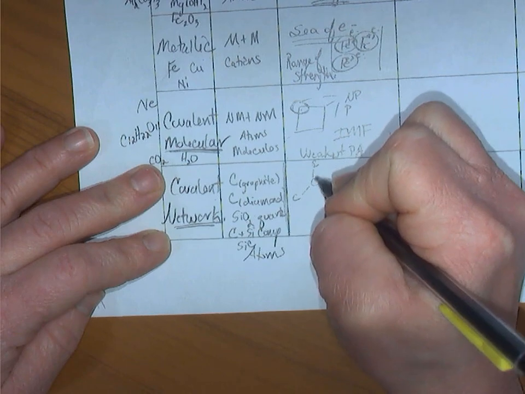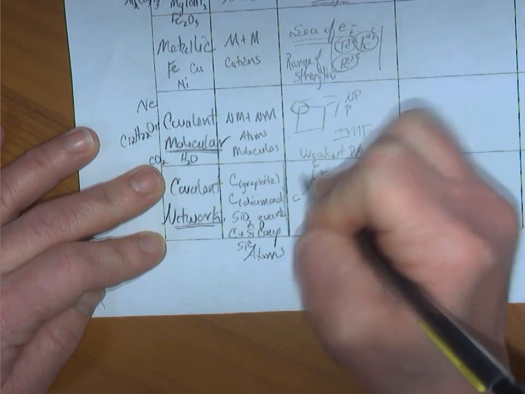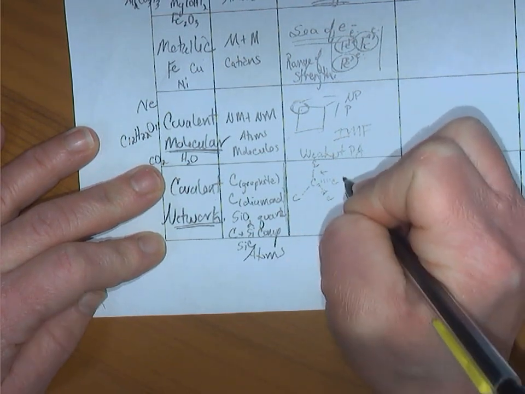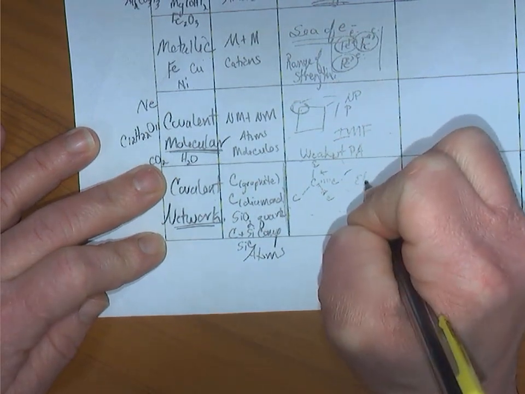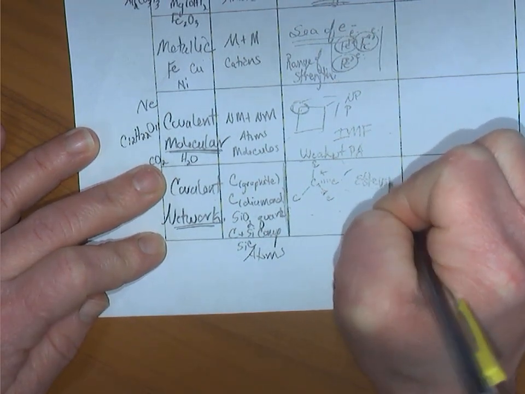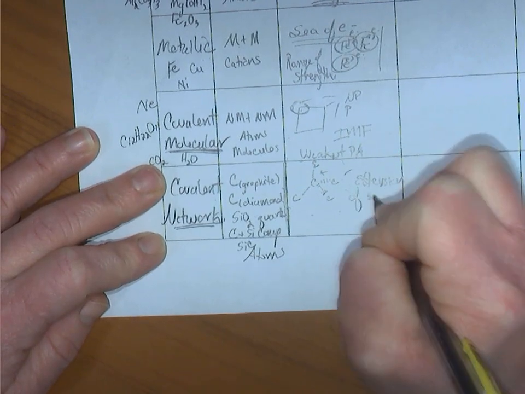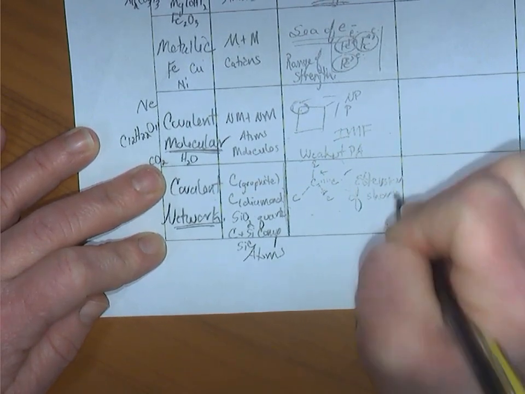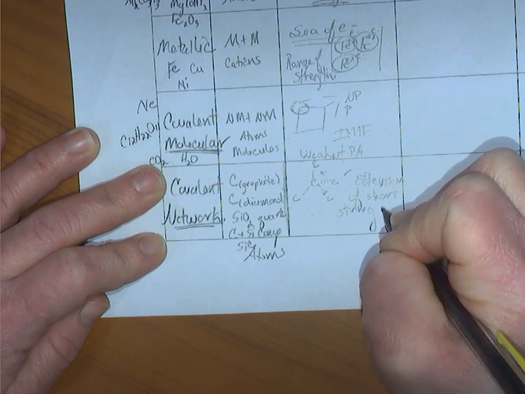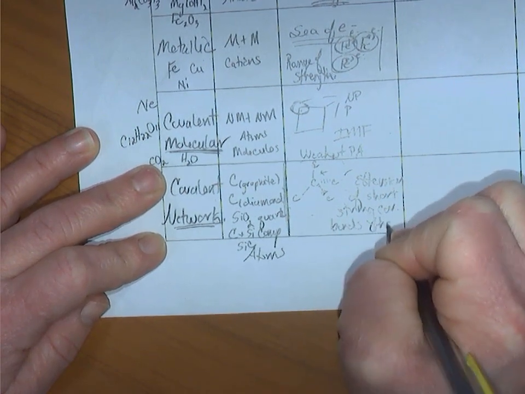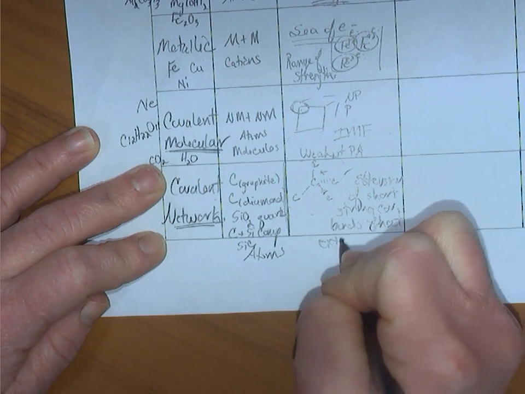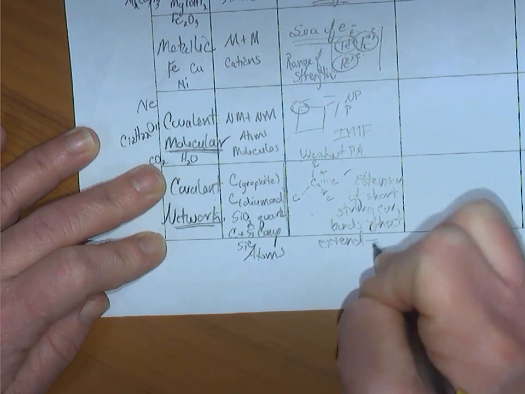So these are short, multiple bonds that extend throughout the whole diamond. So it is an extension of short, strong, covalent bonds that extend throughout the entire solid.